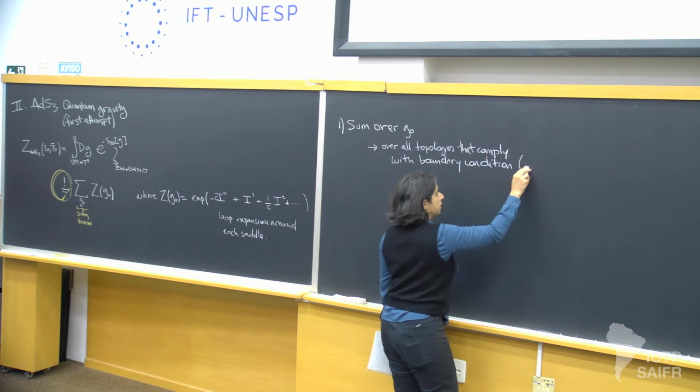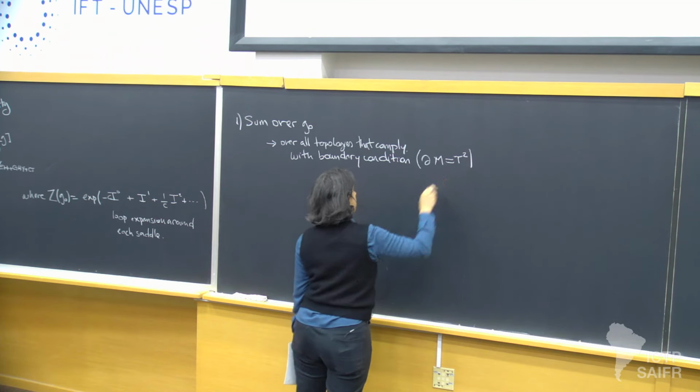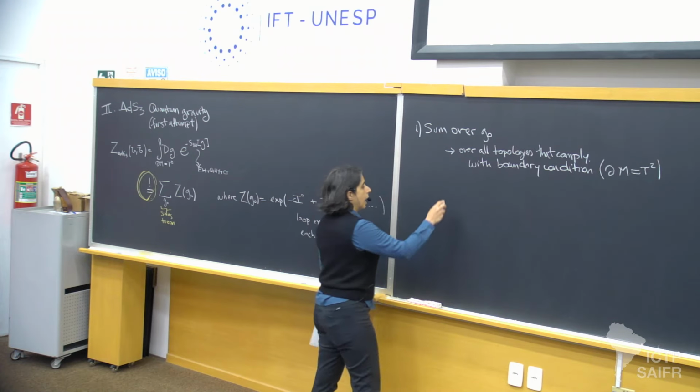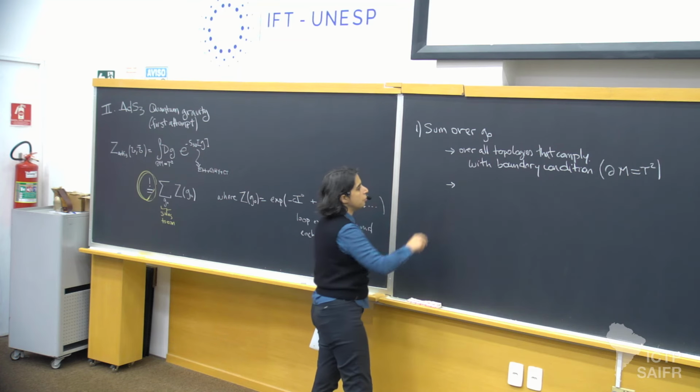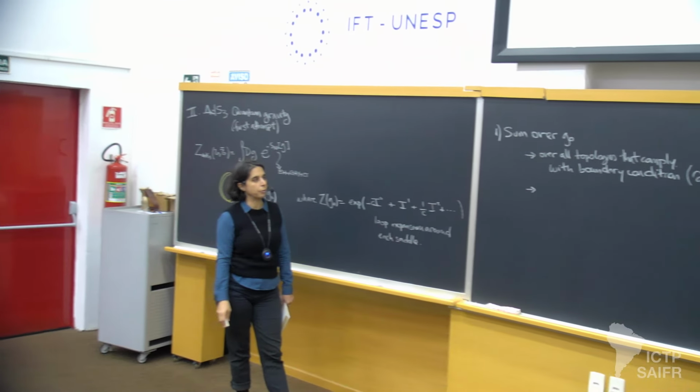At the moment, the boundary condition that I chose was that the boundary metric was a torus. There's going to be another input that we'll talk about as we move along.